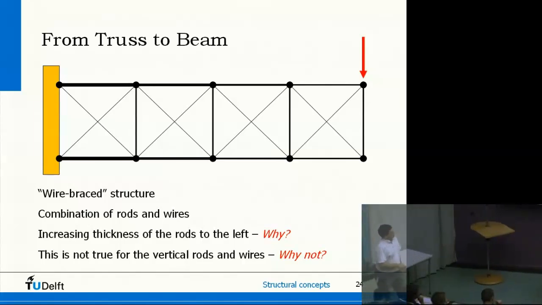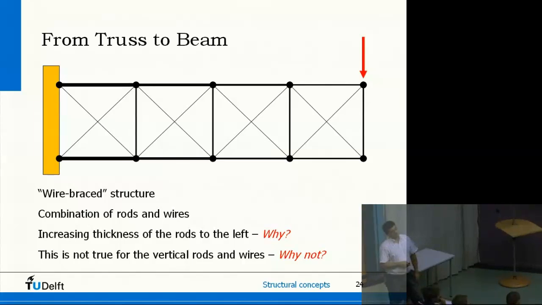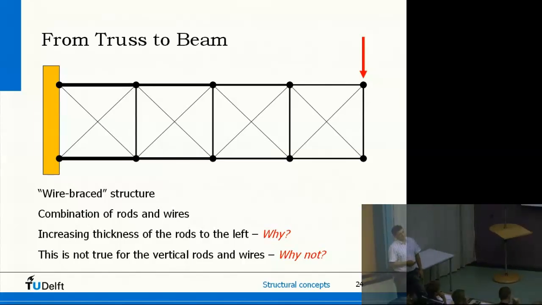Okay, the vertical rods and the wires do not increase in size. Why not? Is there no horizontal forces applied? There are, but they don't change magnitude as in that case.